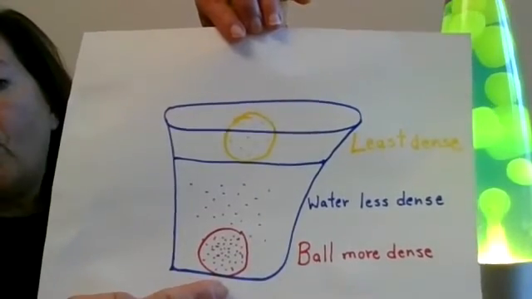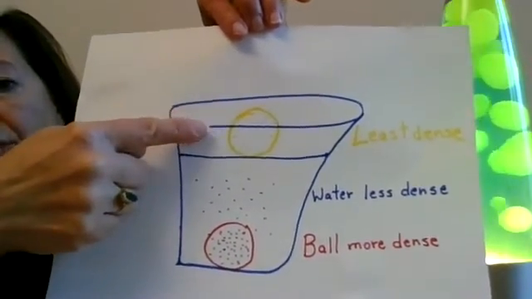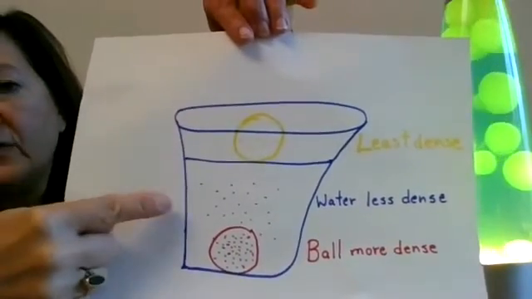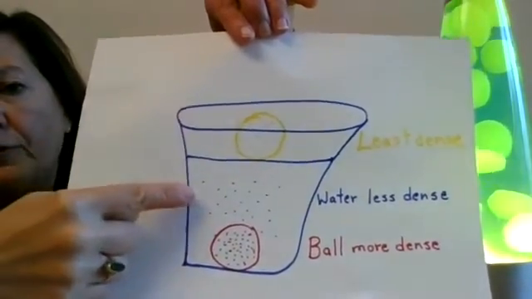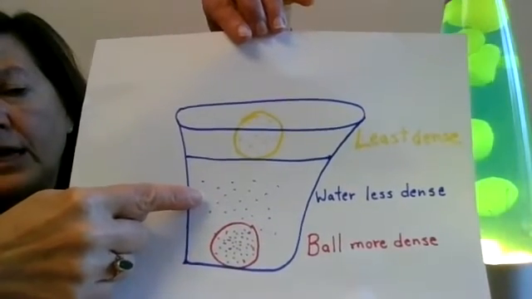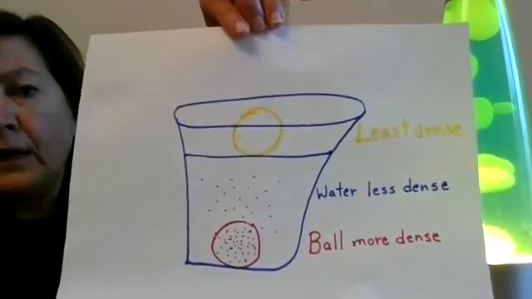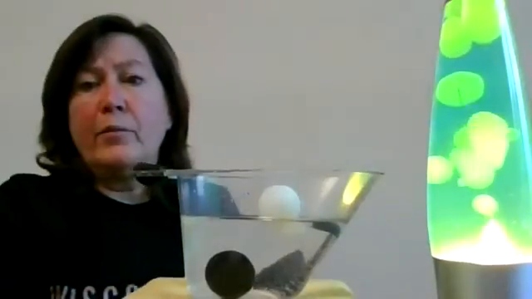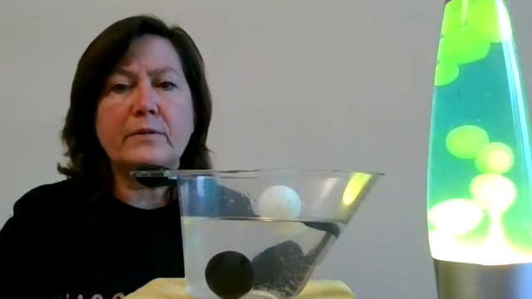So the ball is more dense than the water. But this ball that's floating is the least dense of all. It has particles that are further apart. So it floats on the water, which has particles that are more dense than this ball. This is a simple way of putting little dots to represent particles in a substance.